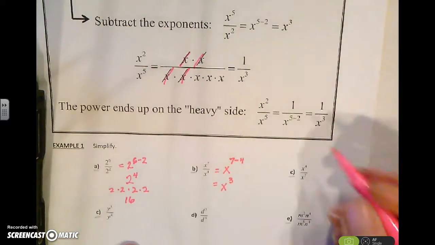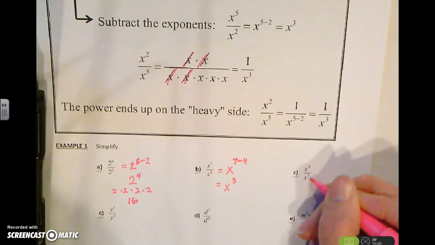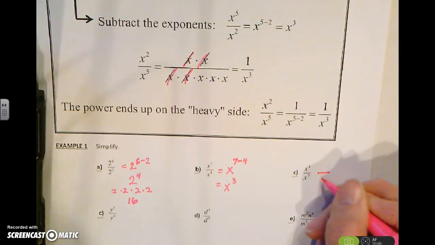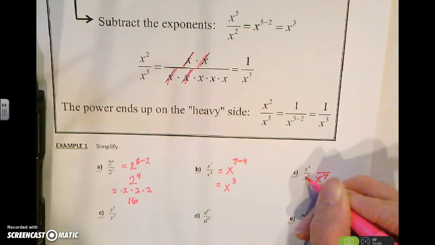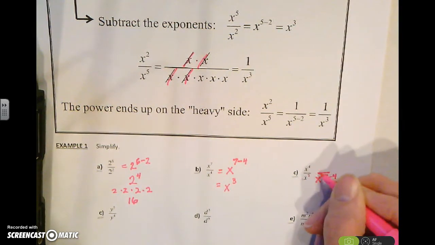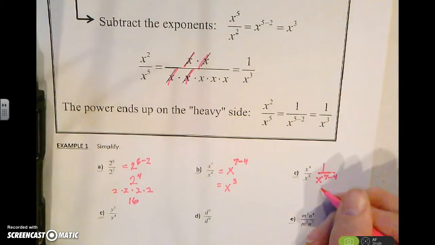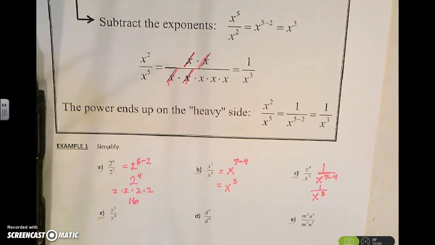Now in example C, this time I have x to the fourth divided by x to the seventh. So the heavier one is in the denominator. So I'm going to move everything to the denominator and do 7 subtract 4, and I'm going to have to place something in the numerator here, so it's going to be a 1. So this will be 1 over x to the third power.